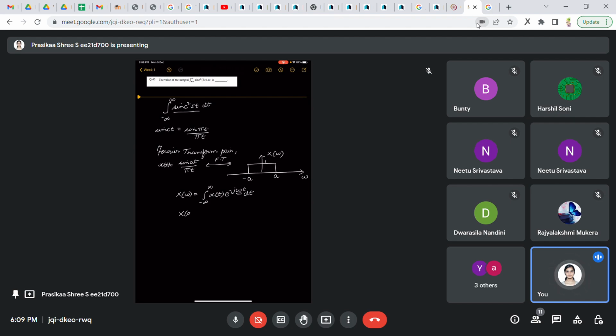When you put omega to be 0, what you will be getting? We will be getting the area under the curve x of t, where in our question x of t is equal to sinc square 5t. So what is sinc square 5t? Sine 5 pi t by 5 pi t.